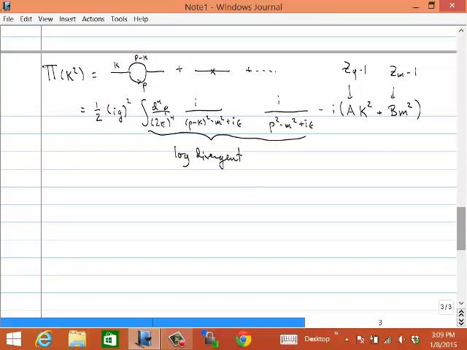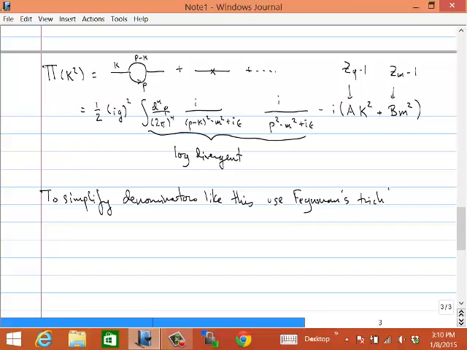Now, integrals of this sort, where you have two or more denominators multiplying one another, arise all the time when you study Feynman diagrams. And so to simplify denominators like this, there is a very useful trick that we're going to introduce, which I believe is called Feynman's trick.